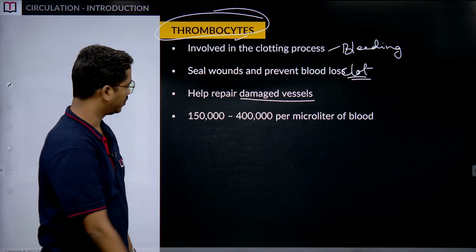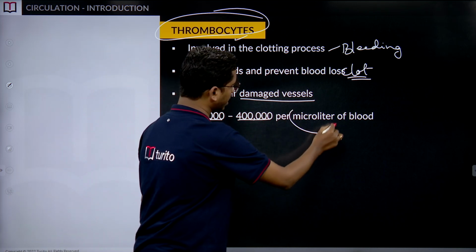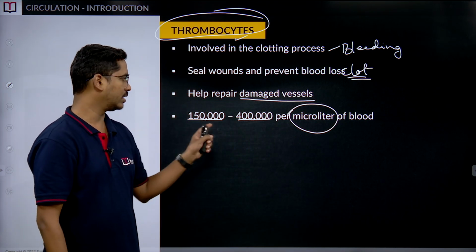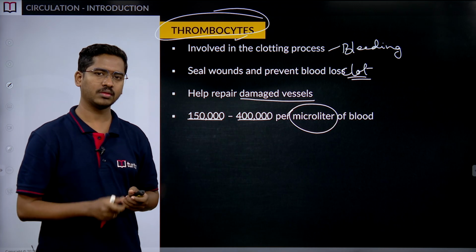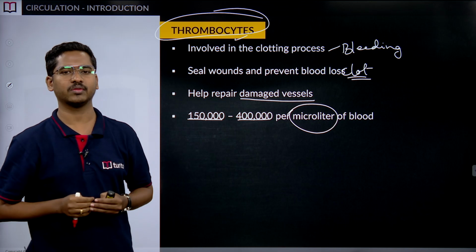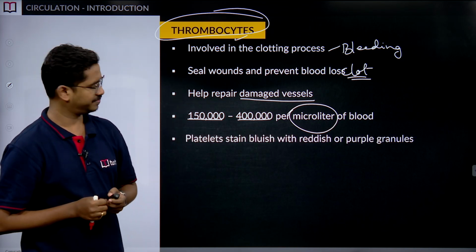You see 1,50,000 to 4,00,000 cells per microliter of the blood. That is the density we have here, in the sense that 1,50,000 to 4,00,000 cells will be present in 1 microliter of the blood.